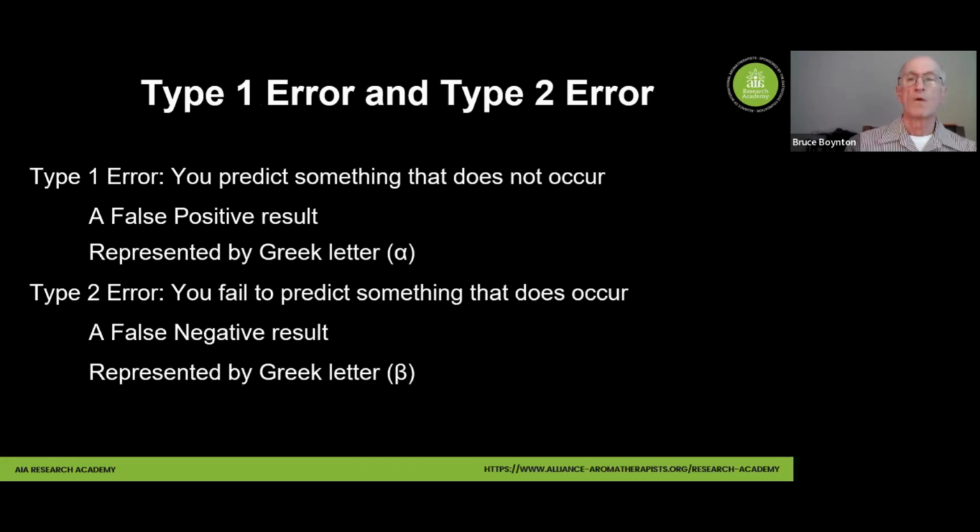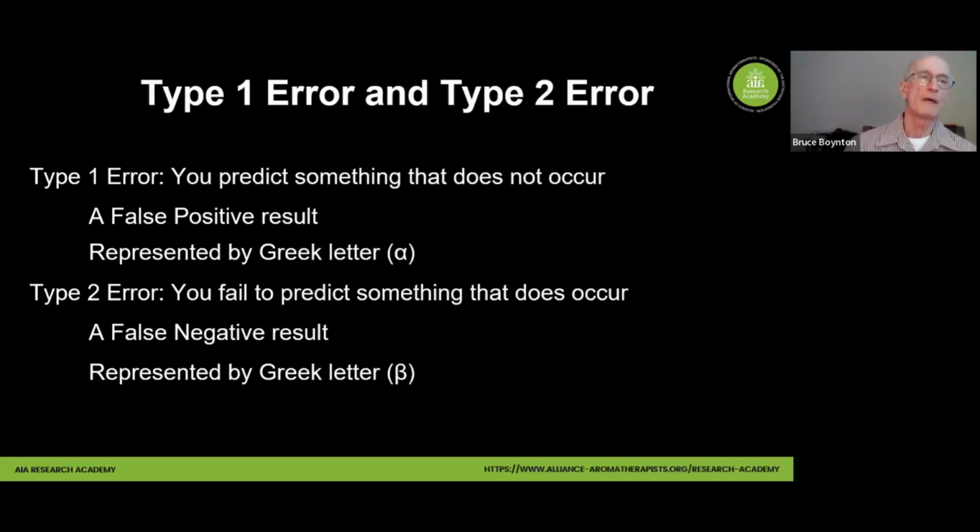All right, what does all this stuff have to do with type 1 and type 2 error? Well, there are two kinds of errors in conducting a test. Type 1 error is you predict something, but it does not occur.